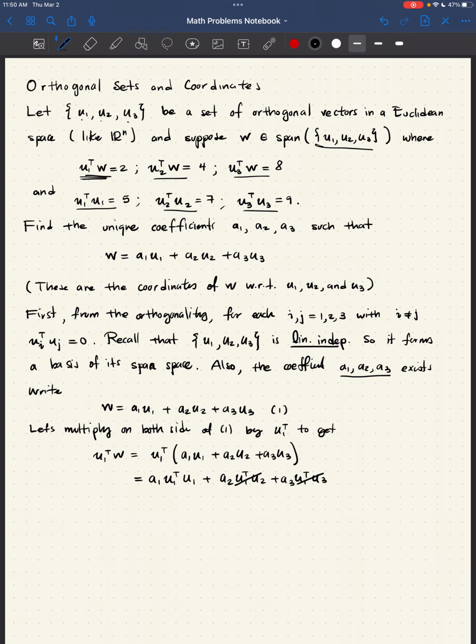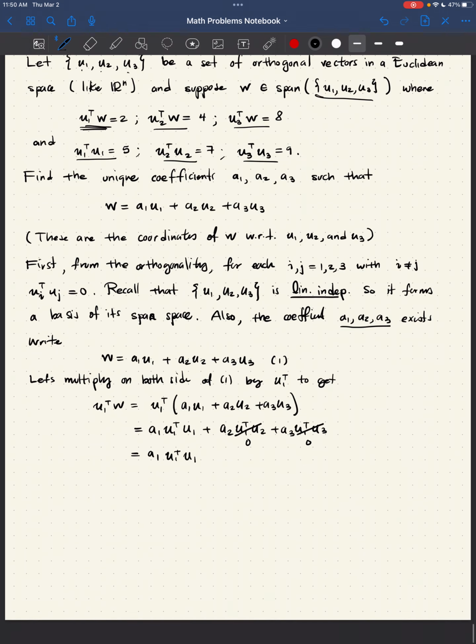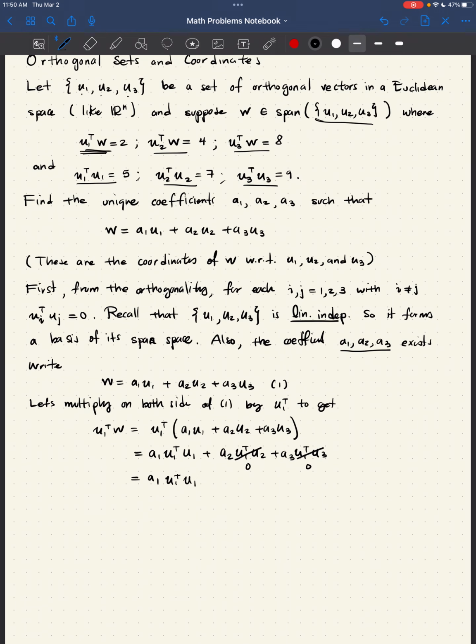So these are 0. That means this is nothing else but a1 u1 transpose u1. From here, we get that u1 transpose w is equal to a1 u1 transpose u1.